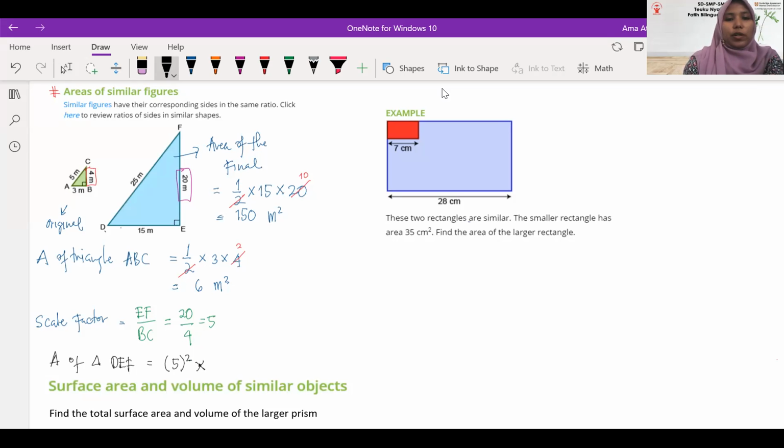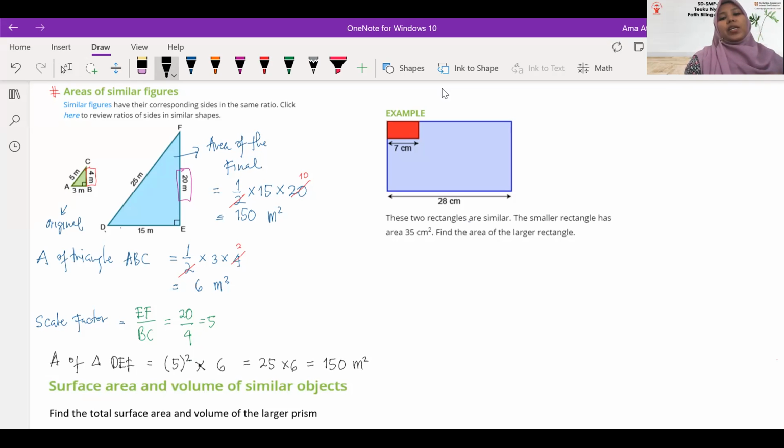The area of the original is 6. So it is 25 multiplied by 6. How much is 25 multiplied by 6? It is 150 square meters.